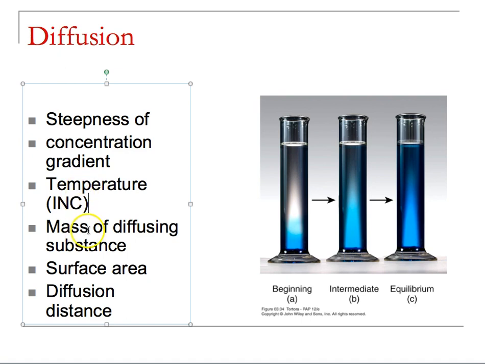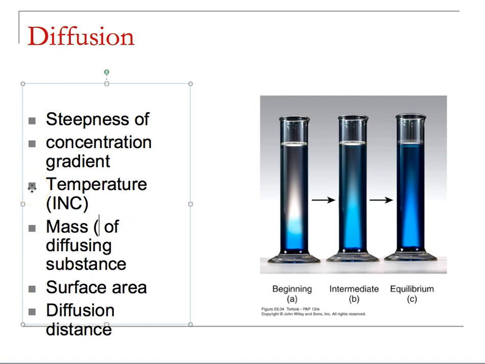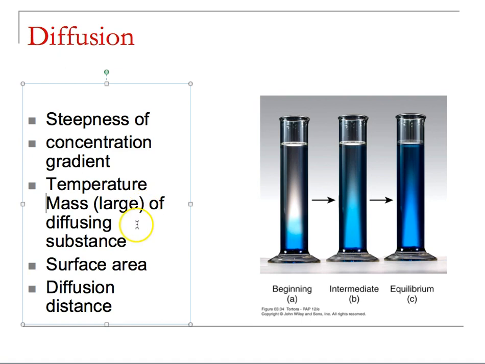The mass, of course, if it's really large, let's say it's large, okay, it's going to move more slowly, right? Because it's too big. It's going to require more energy to actually move it around, okay? And then imagine, if you will, the surface area that it's trying to diffuse through, okay? All of these things will change the rate at which something is diffusing.